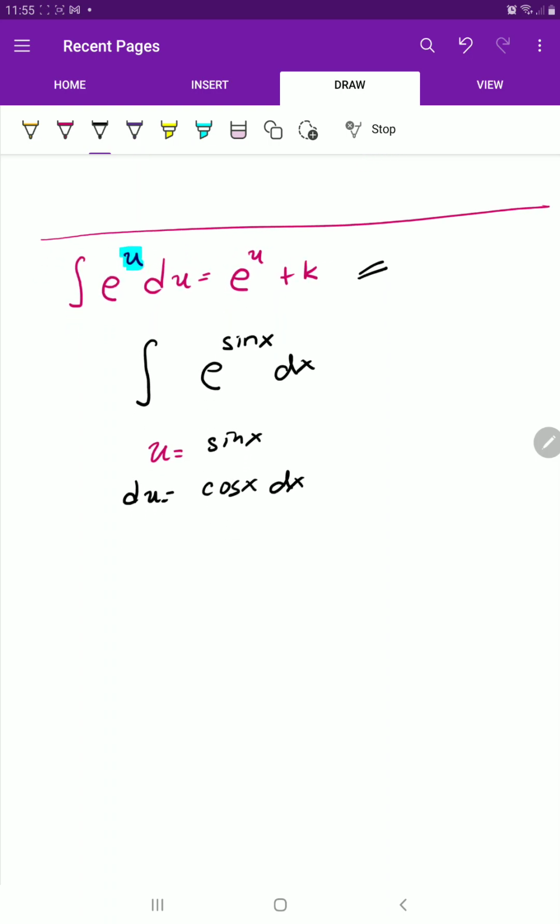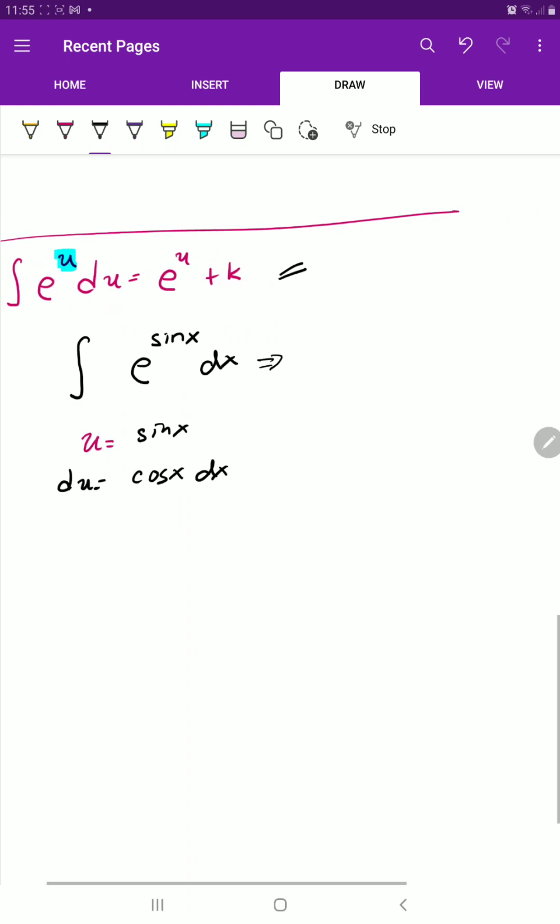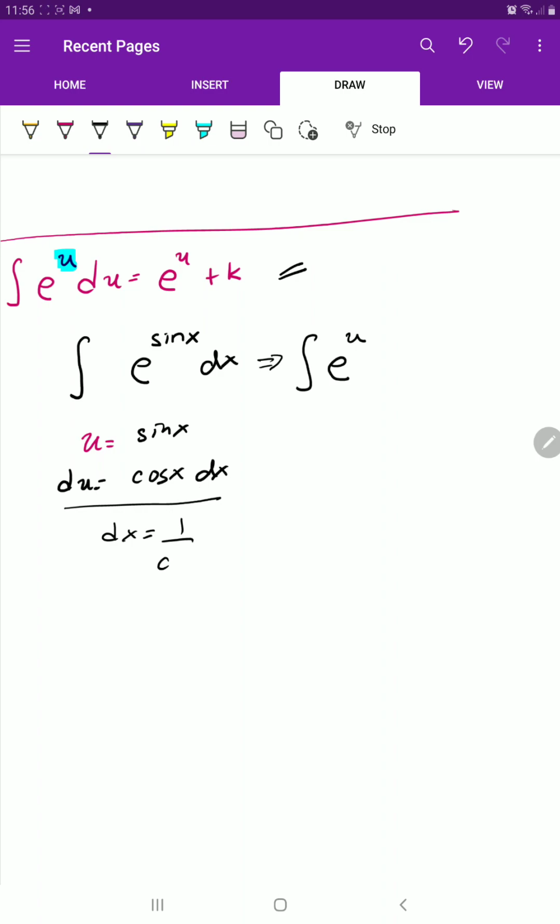So when you do the substitution here, this one will be the integral of e to the u and the dx. From here, the dx is equal to 1 over cosine x du. So let's try to plug it in. So du, then 1 over cosine x.